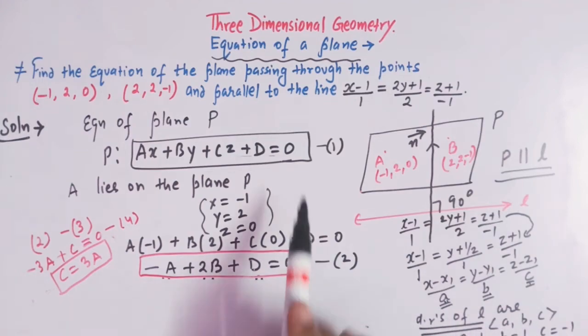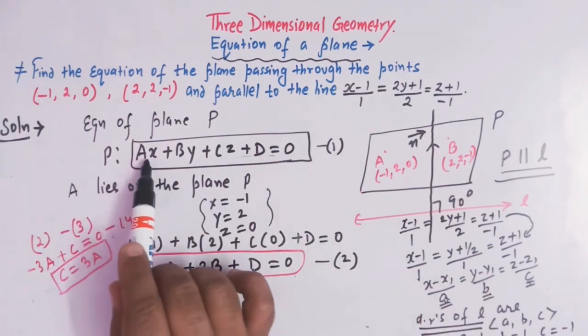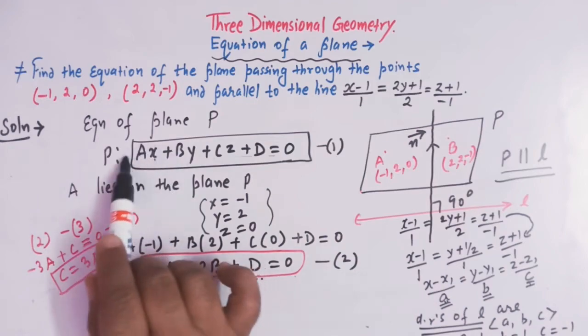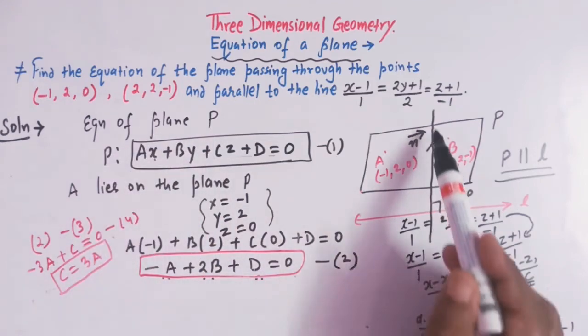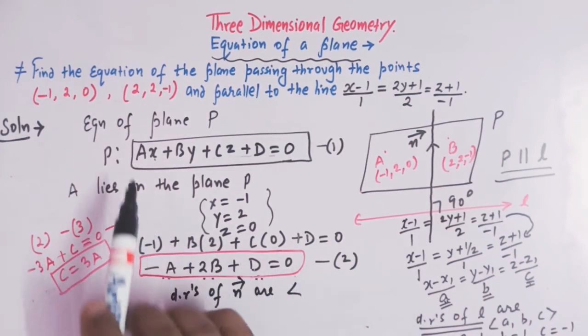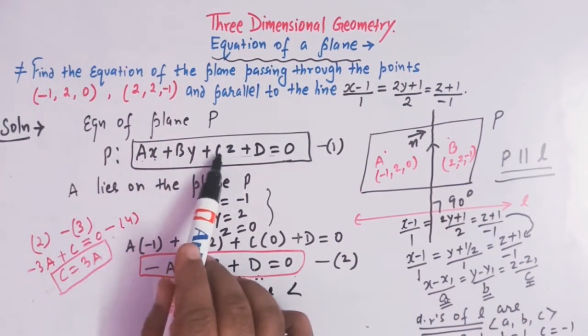Okay, now from this equation 1, we see that the coefficients of x, y and z are the direction ratios of this normal vector, right? So the direction ratios of the normal vector are given by the quantities a, b and c, right?